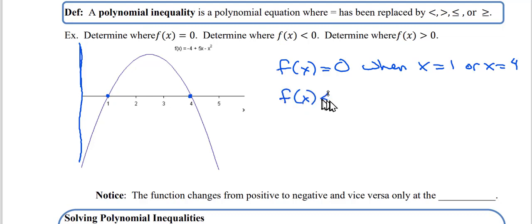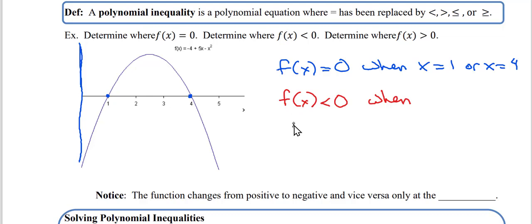Then it wants to know where f of x is less than 0. What I'm really asking you to find there is what values of x make the y less than 0. F of x is like the y, right?